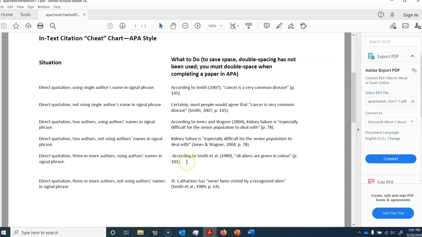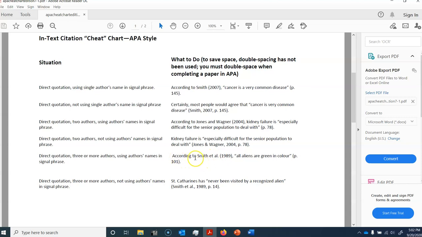So in this case, if I were going to use the authors' names, let's say it was Smith, Jones, McDonald, and White. Okay, so I have 4 authors. I'm only going to list Smith, the first one in the list, in terms of the last name, and then I'm going to use et al to stand in for everybody else.